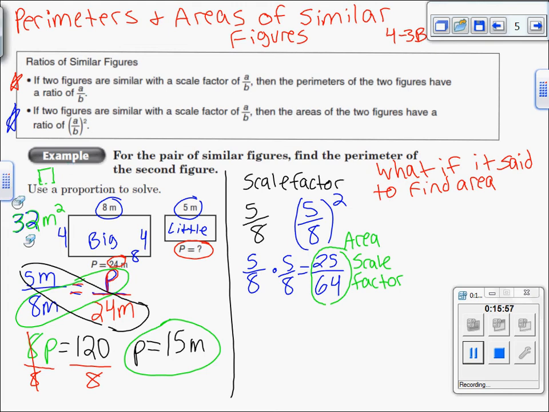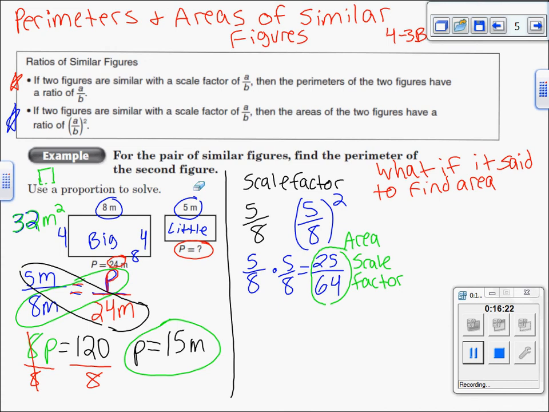That's just the notation. So let's pretend that the area was given for this rectangle. Let's say we were already told that it was 32 square meters, and our job was to find the area of the little rectangle. So start from scratch for a moment. This question asked us, here's the area of the big rectangle, here are two sides of those two shapes.